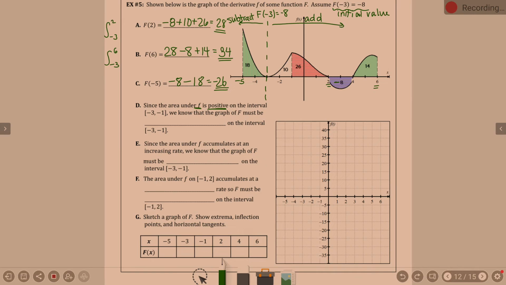So what is going on with the graph of f? Think back to what we know positive tells us when we think about first derivative. If the first derivative is positive, what's it tell us the main graph is doing? Increasing. Okay, and that's the connection we're trying to draw here.